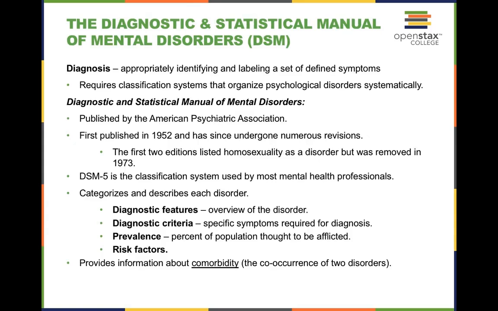Okay, next, when it comes to the DSM, and we'll talk about the DSM in chapter 16 as well, we're now up to the fifth edition of this text. DSM stands for, as mentioned, the Diagnostic and Statistical Manual of Mental Disorders, and it was first published in 1952. It's gone through a number of revisions. We're up to the fifth now, and it is used more specifically here in the United States.